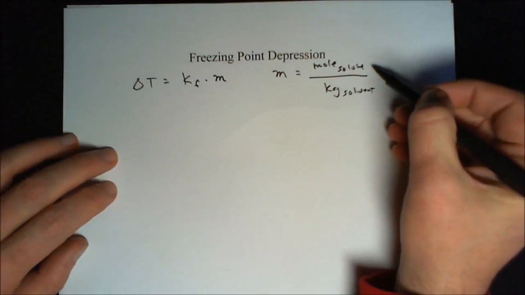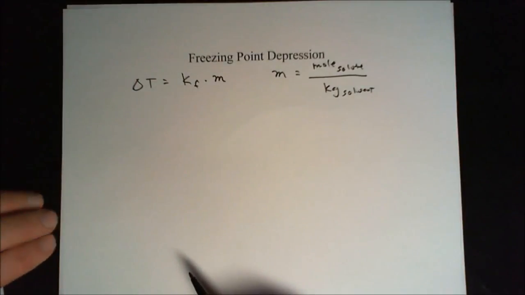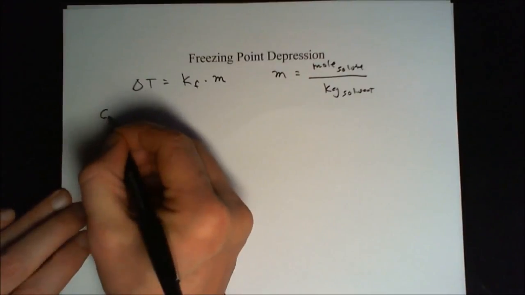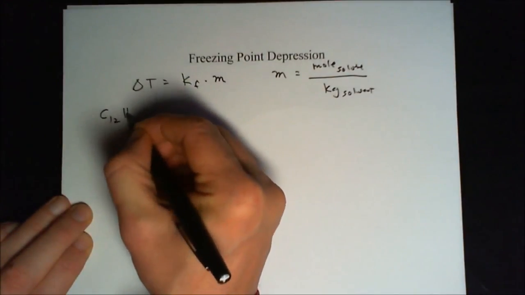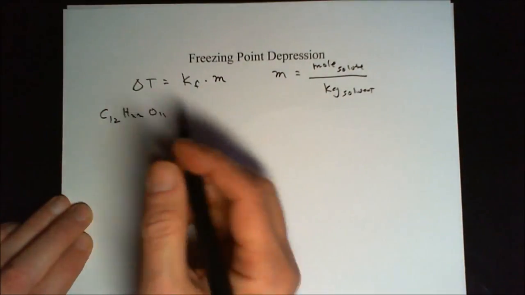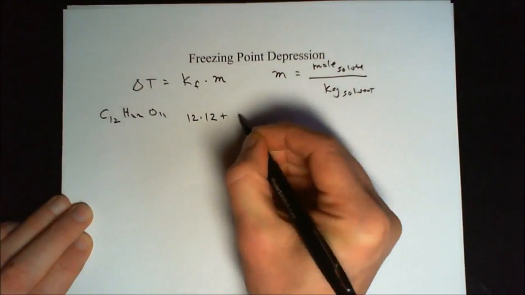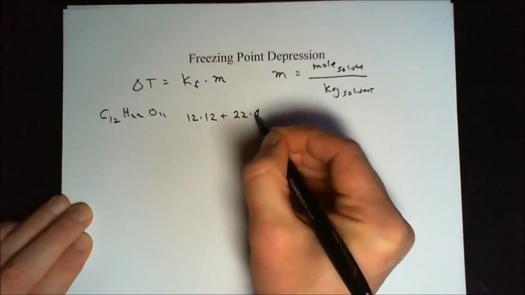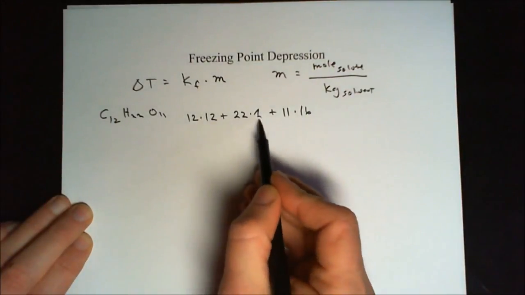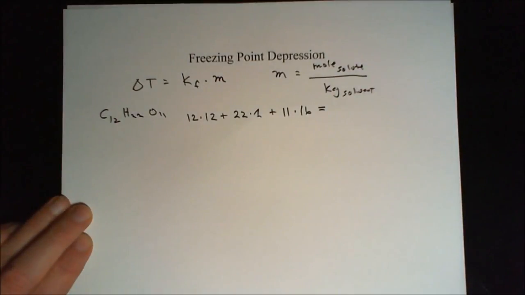Now we're going to need to find the moles of the solute first, which is sucrose, and to find the moles we're going to need the molecular weight of sucrose, and sucrose is C12H22O11, and we can calculate that out, and it is 12 times 12 plus 22 times 1 plus 11 times 16. These are the individual atomic masses of the various atoms, and we go ahead and multiply that out.